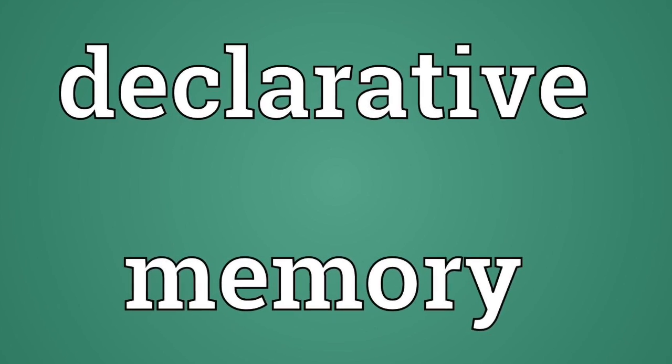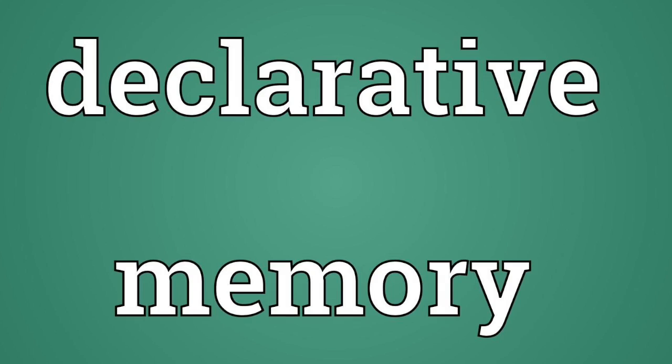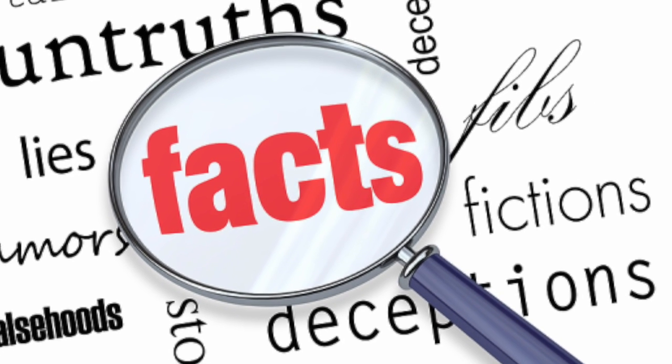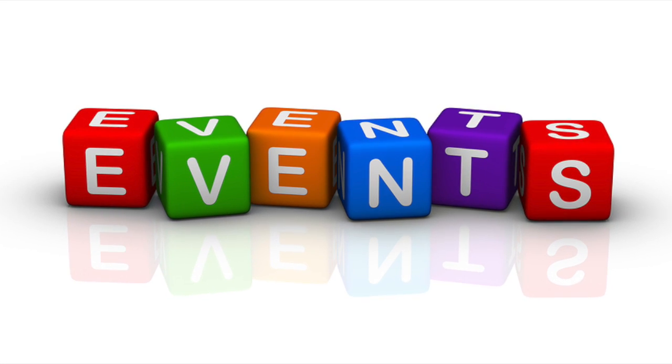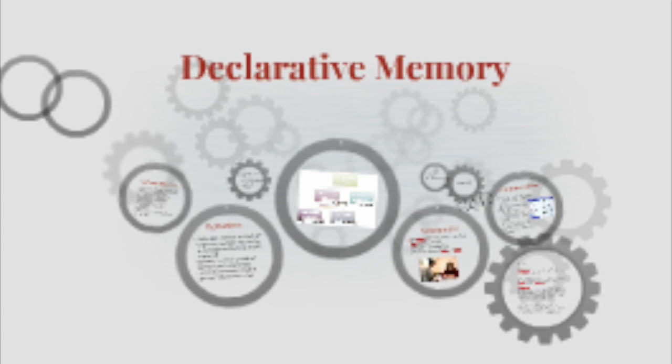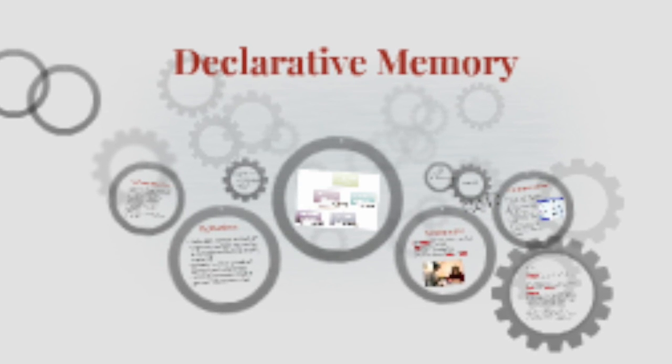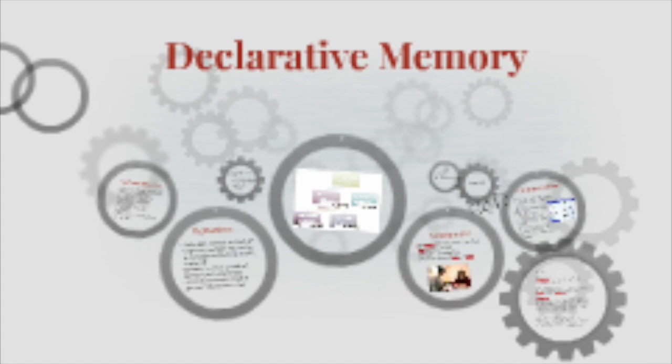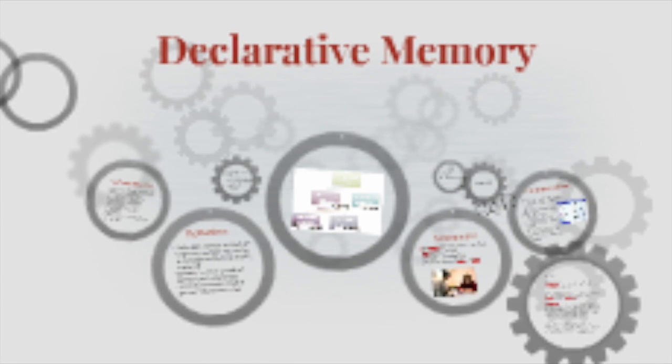The next one is declarative memory. Declarative memory consists of facts and events that can be consciously recalled, also known as explicit memory. It is based on the concept that this type of memory consists of information that can be explicitly stored and retrieved.